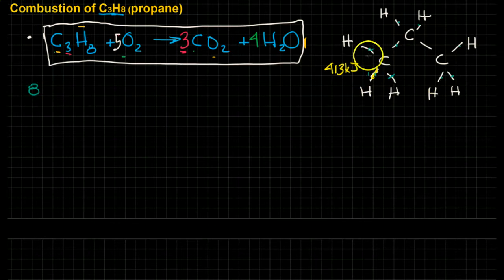Okay. 1, 2, 3, 4, 5, 6, 7, 8. Well, I didn't really need to count those, did I? Because I can see that there are 8 of them in the formula. So that's 8 carbon to hydrogen bonds that I need to break, and that is going to cost me 413 kilojoules apiece.